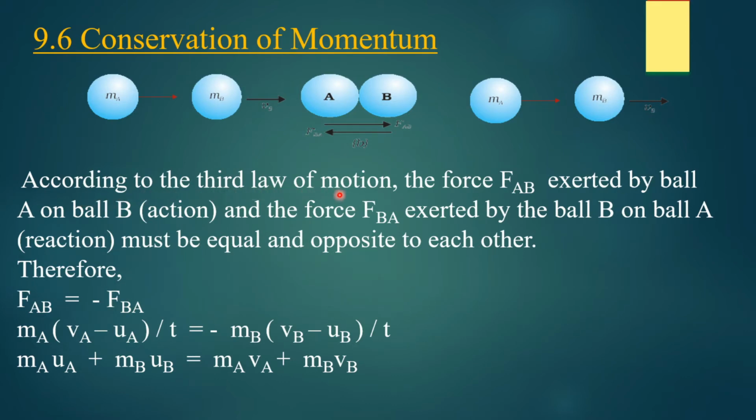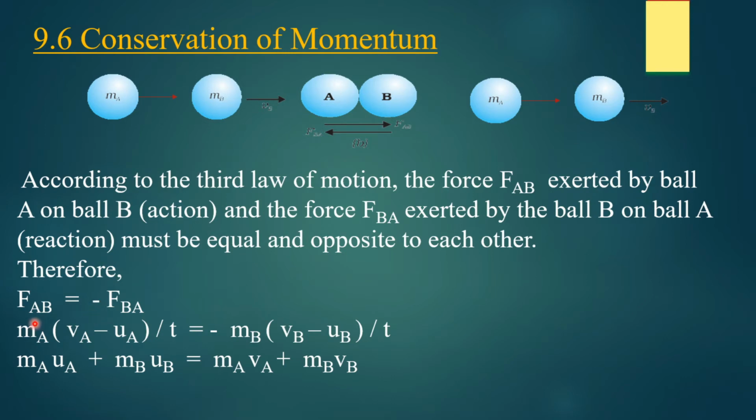According to the third law of motion, the force FAB exerted by ball A on ball B, that will be the action force, and the force FBA exerted by ball B on ball A, the reaction force, must be equal and opposite to each other. Therefore, FAB equals minus FBA. The forces are equal and opposite. That's why we wrote minus here.